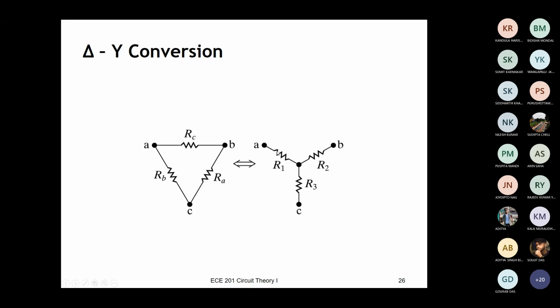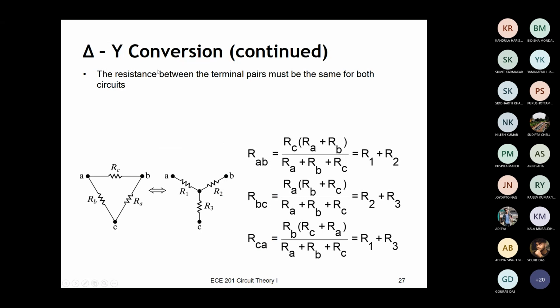Next, this is the procedure through which we'll find the delta-star conversion. Here we are trying to convert from delta to star. So what is the equivalent resistance between A and B? We have to take these two terminals, A and B, and compare between A and B in both circuits.